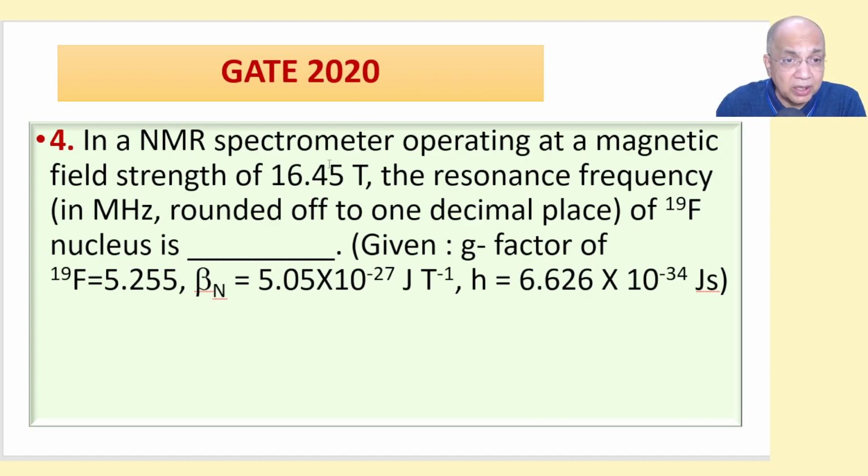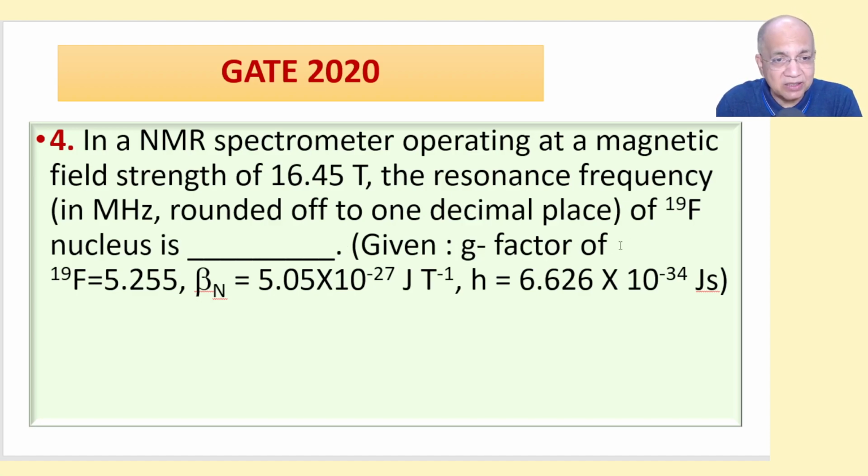In an NMR spectrometer operating at a magnetic field strength of 16.45 Tesla, the resonance frequency, or the Larmor frequency, in megahertz rounded off to 1 decimal place, of the fluorine-19 nucleus is dash. Again, it is an integer based question.